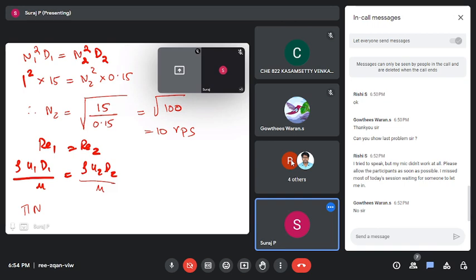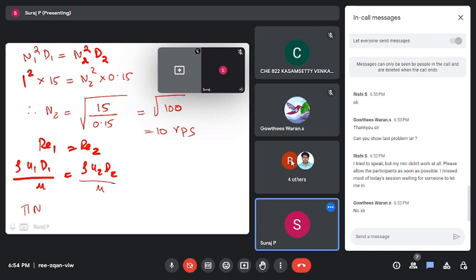But we can see in the question the RPS of the prototype is 1 RPM. From that we can get that there will not be that much variation between the prototype and model, only a low range variation.